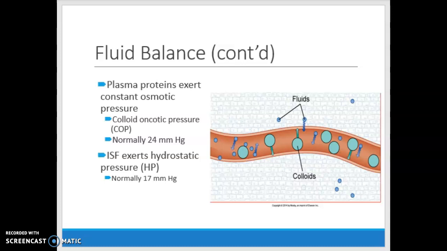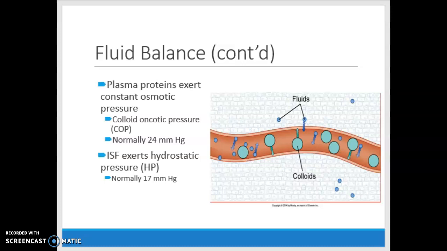The interstitial fluid exerts hydrostatic pressure. Hydro meaning water and static meaning not moving. So hydrostatic pressure is that pressure which is exerted by a fluid at equilibrium. It is this hydrostatic pressure that increases filtration by pushing the fluid and solutes out of the capillaries.